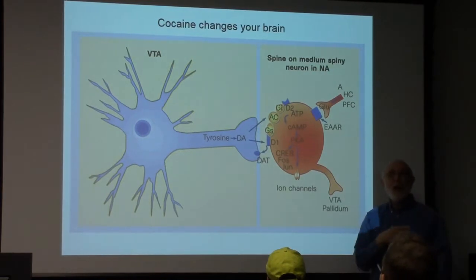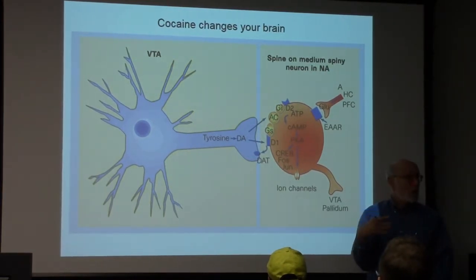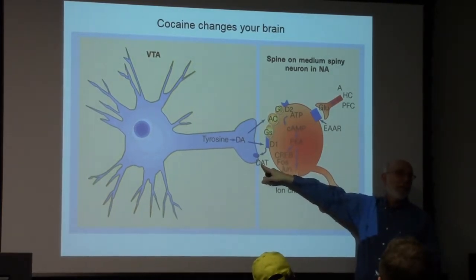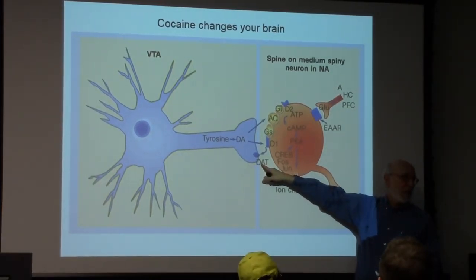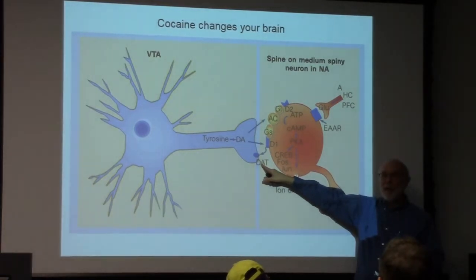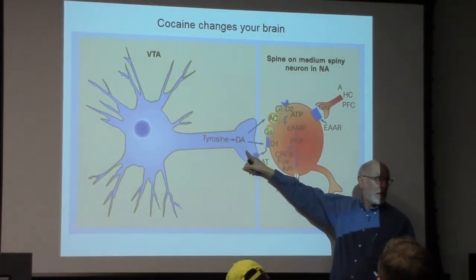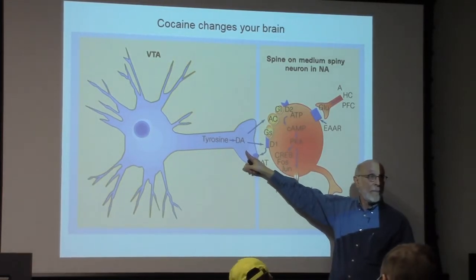Cocaine, now we're getting into detail that I don't expect you to memorize. Cocaine is an inhibitor of the dopamine reuptake transporter. Remember, now I'm mentioning something that I do want you to know: the molecular mechanisms for dopamine reuptake from the synapse. Know it.